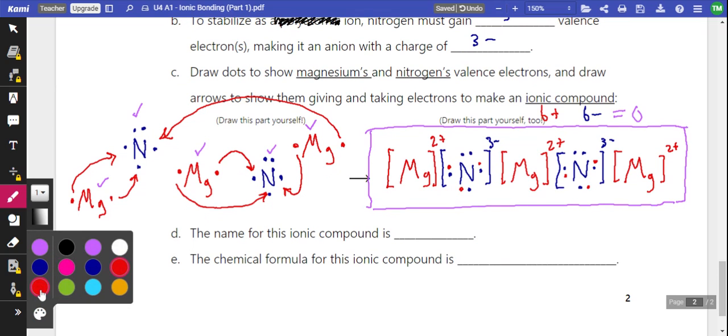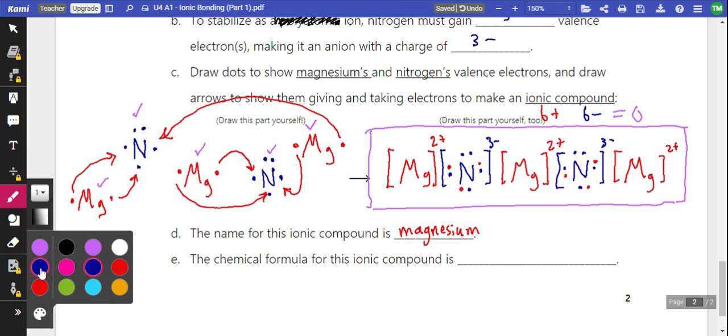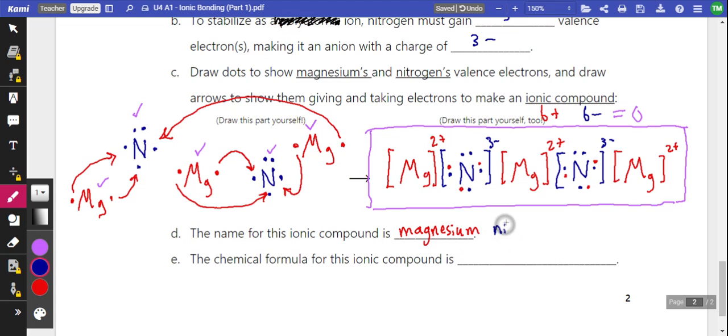My name for this ionic compound starts with a cation, which is magnesium. That part stays the same, magnesium. And the anion, nitrogen, loses its ending and becomes IDE. So I would chop the end off. Now, it can be a little bit weird to figure out where exactly to chop the name off. Typically, it comes after the first hard consonant, like nitr, and then we chop it off from there.